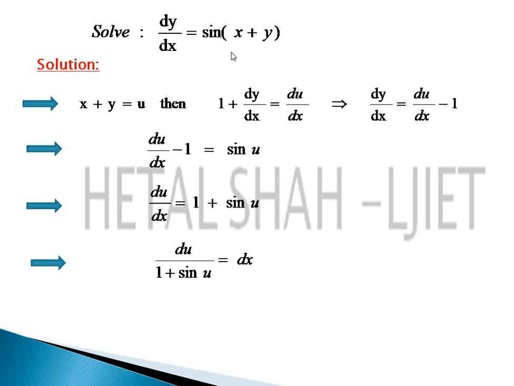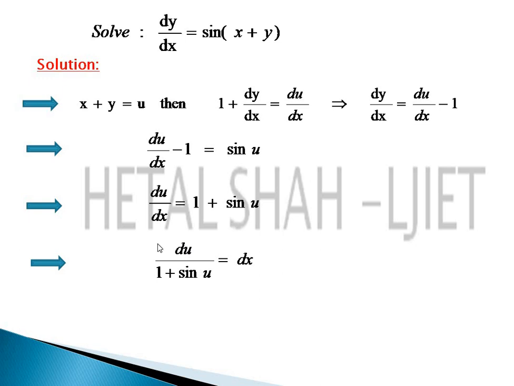Students, in the given differential equation we have two variables x and y, and we convert our variable y into the form of u. So in this equation we have two variables u and x, and both are separate.